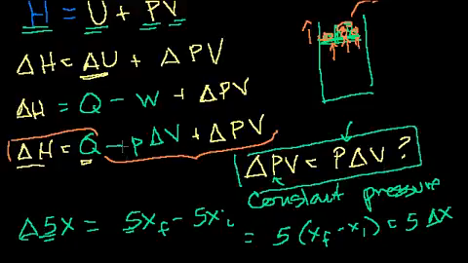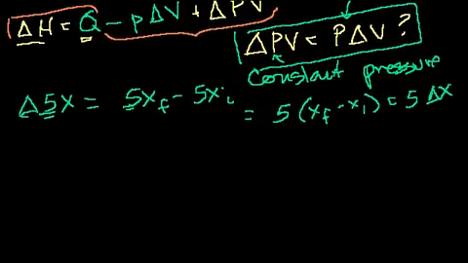So if pressure is constant, this is a key assumption, and heat is being applied in a constant pressure system, we could write it this way. I'll write it multiple times because this is key.